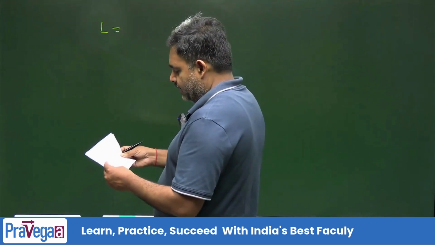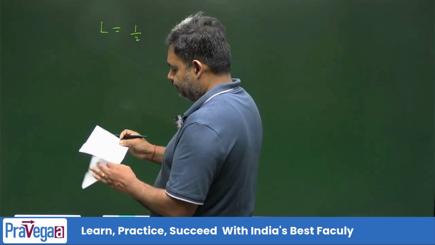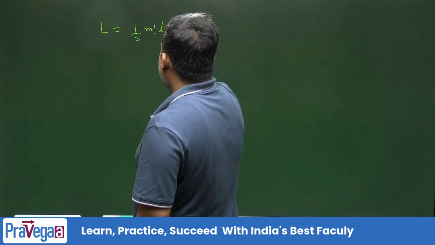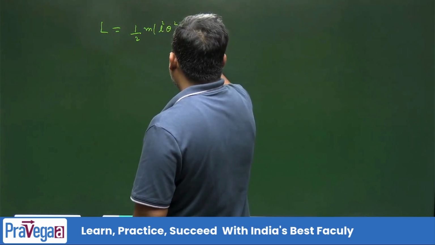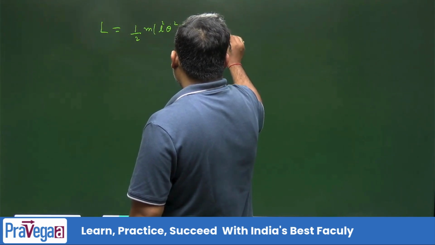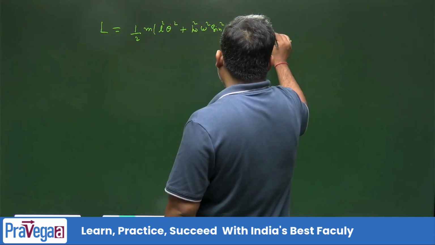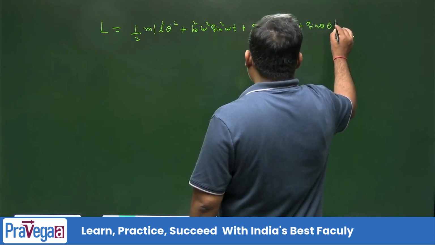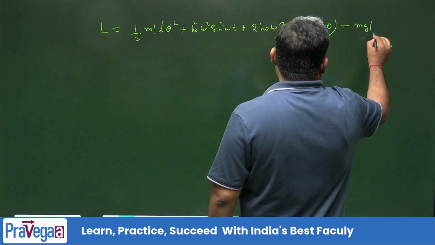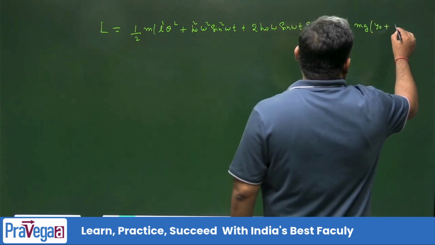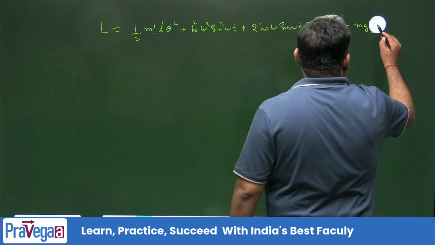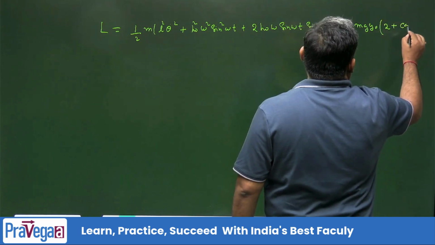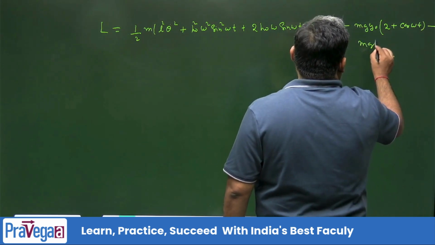The Lagrangian is half m [L² θ̇² + h0² ω² sin²ωt + 2 h0 ω sin ωt L sin θ θ̇], which is the kinetic energy, minus mg h0(2 + cos ωt) minus mgL cos θ.